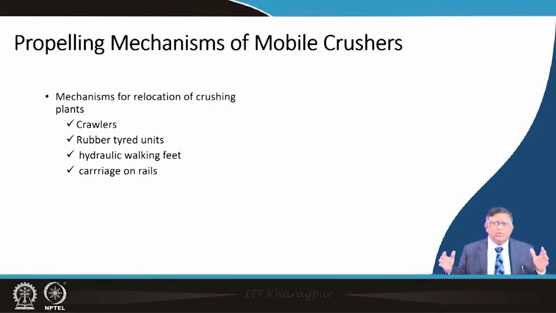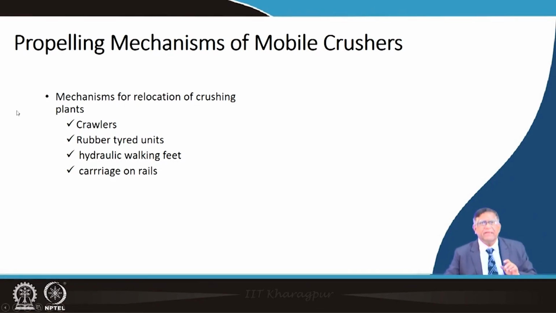If you have 2-3 crushing plants that are relocated at different intervals, the same walker can be brought, fitted over there, and then it will move, and then it comes back again. Such types of systems are there.